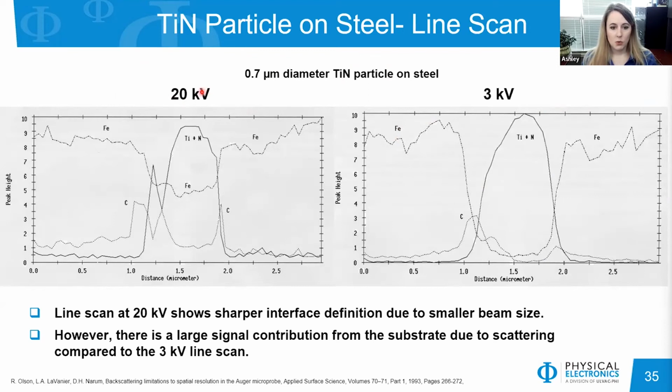We see that in the case of 20 kV, there's a sharper interface between the particle and the substrate. And this is due to the smaller beam size that you get with 20 kV. However, there's a large signal contribution from the iron-containing substrate due to backscattering. In comparison, the 3 kV line exhibits a less sharp interface, but much less substrate contribution.